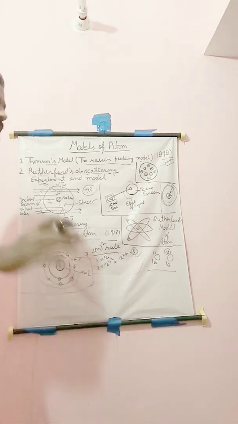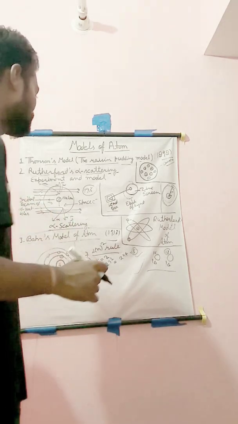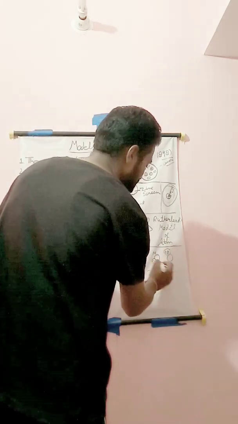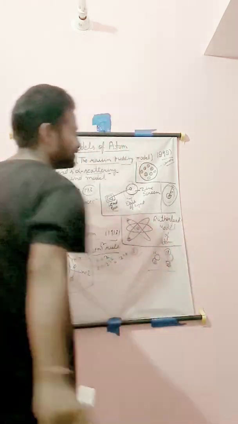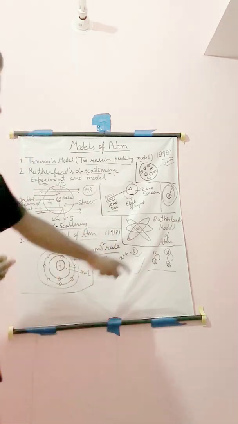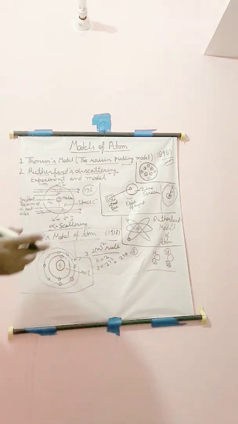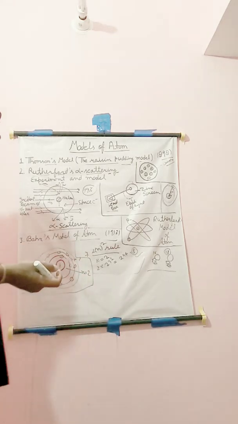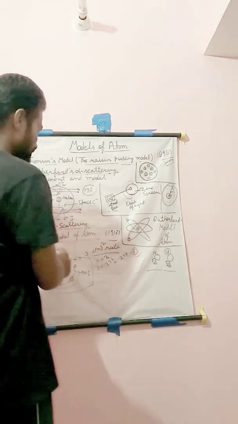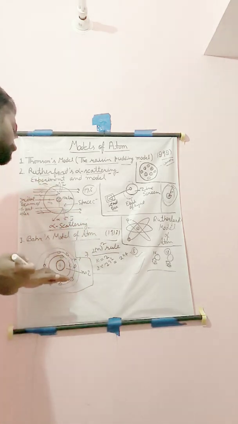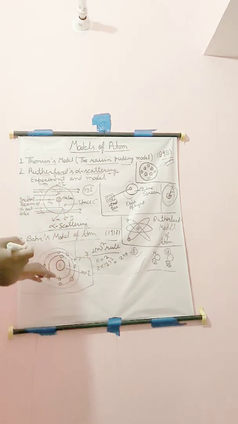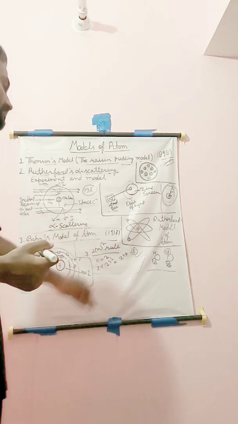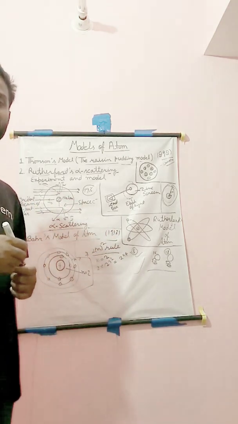Here 8 is the atomic number, and their masses are different, so they are the isotopes of oxygen. Like that. So these are some rules, and you can easily make electronic configurations with the help of Bohr's atomic model and by following the rule of 2n square.